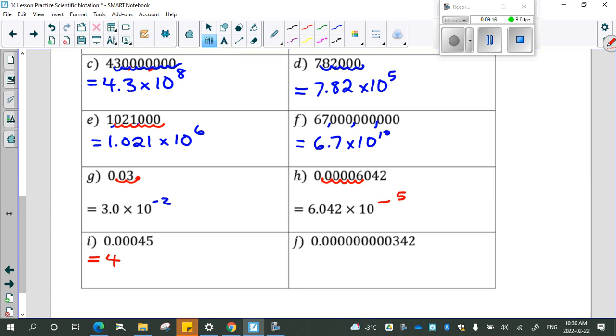Okay, so you want to move the decimal 2, 3, 4 times. 4.5? Yep. Times 10 to the power 4. That would make the number bigger. If you're multiplying by 10 to the 4th, you're making a big number. So you want to make a small number, so instead you're going to multiply by 10 to the negative 4.